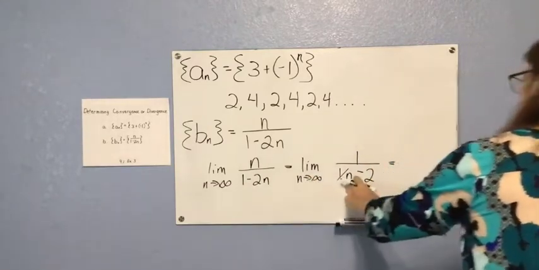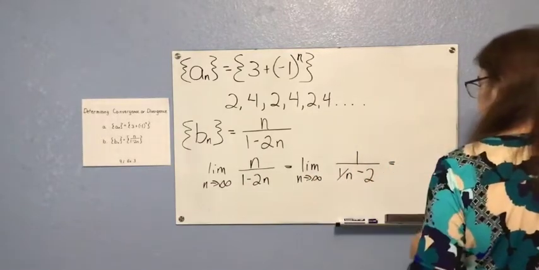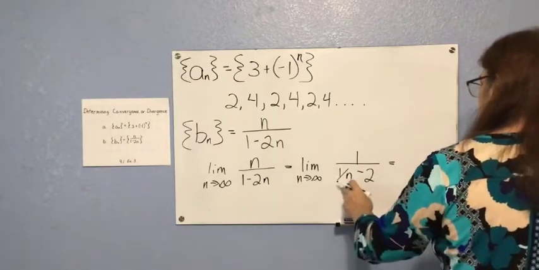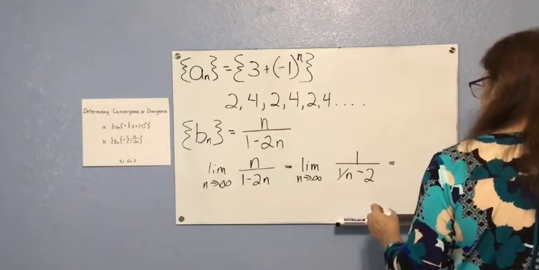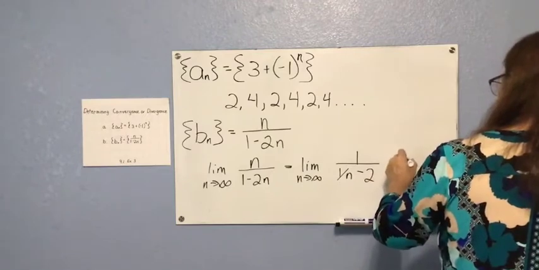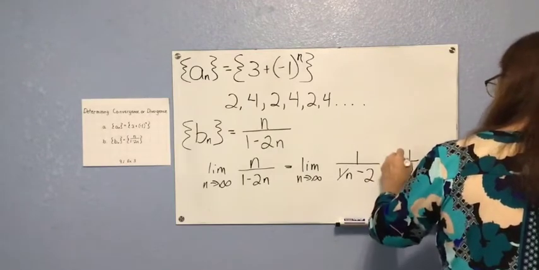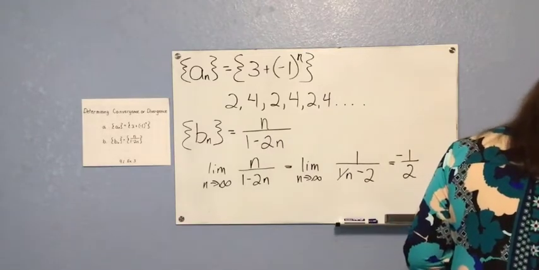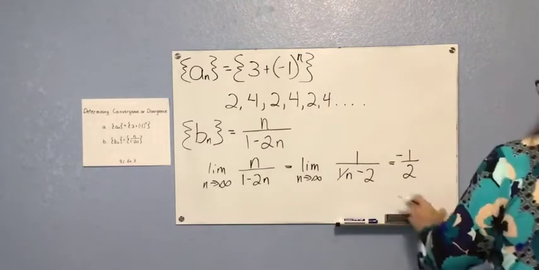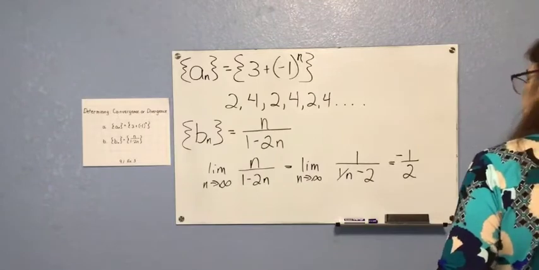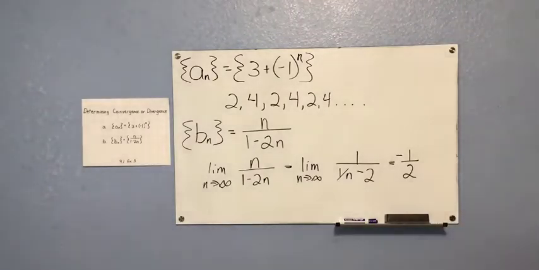And as n goes to infinity, this fraction becomes very, very small, so much as to be insignificant, and we go to negative 1/2. Okay, so this sequence converges to negative 1/2.